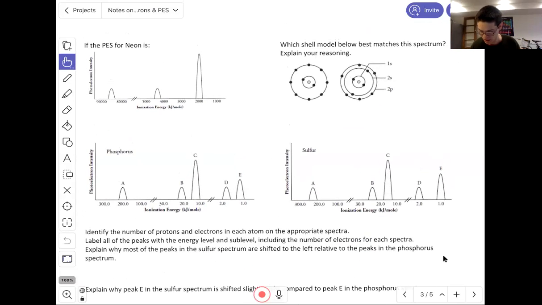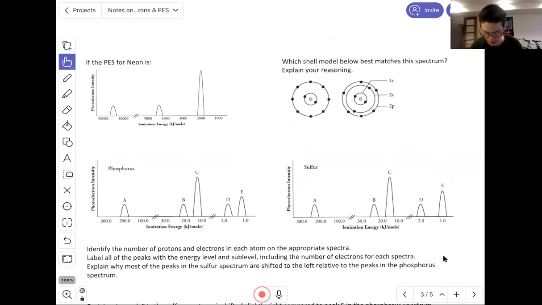So at the very top of this, why don't I go ahead and rewrite that electron configuration order so that you have it in one place involved in this PES stuff.